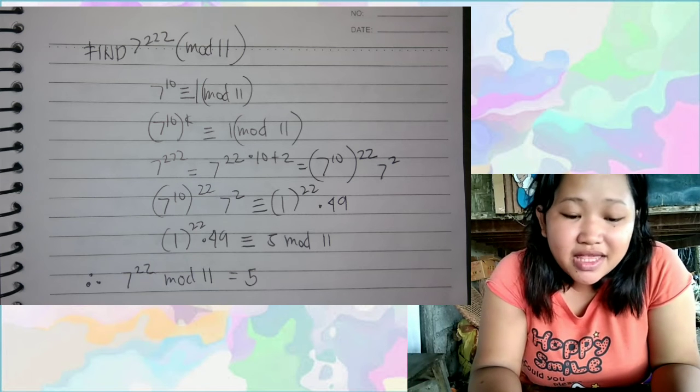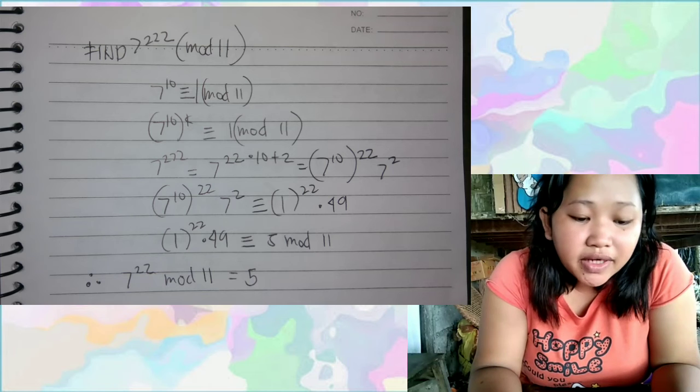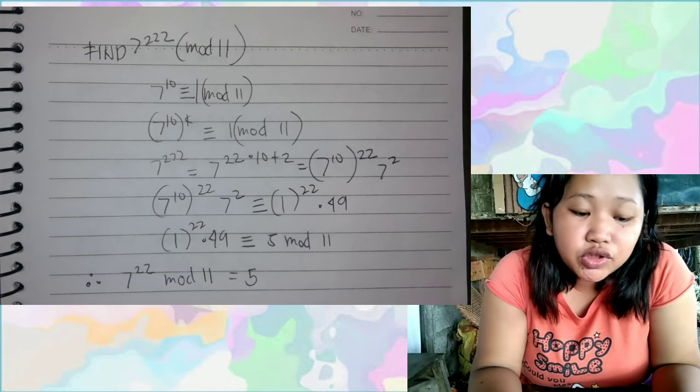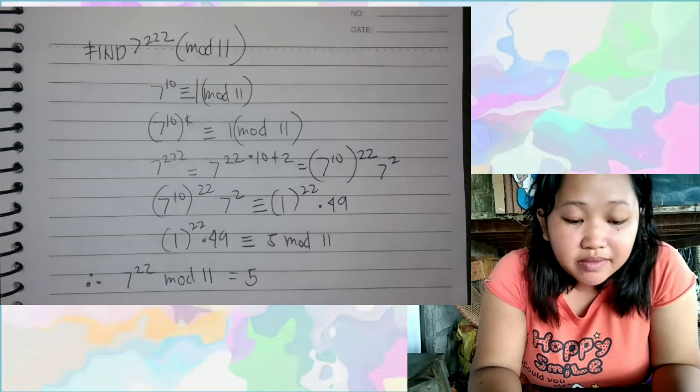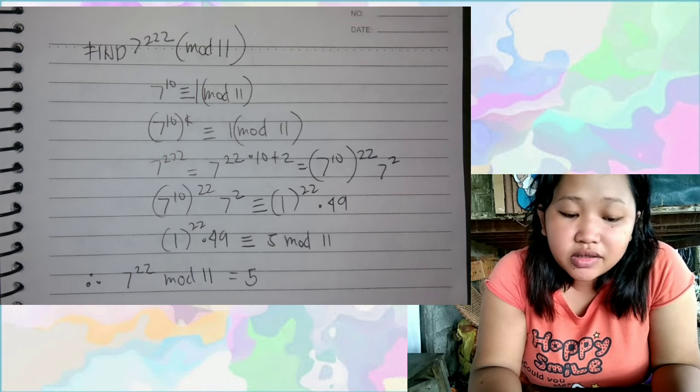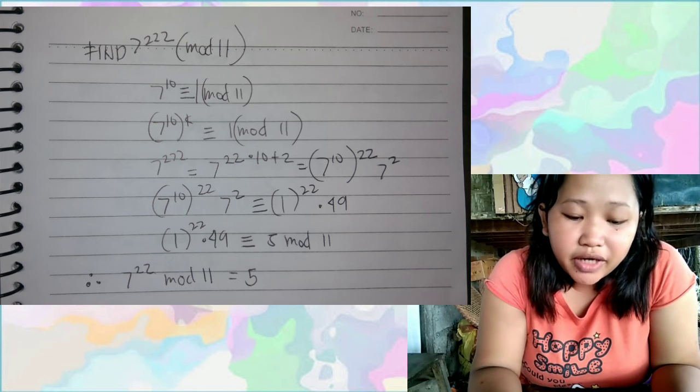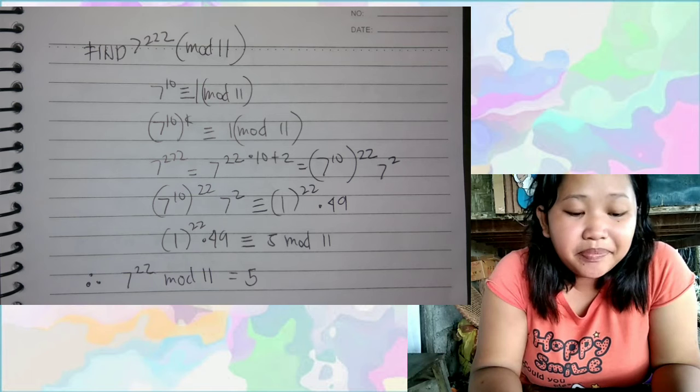By Fermat's little theorem, 7 raised to 10 is congruent to 1 modulo 11. So 7 raised to 10 times k is congruent to 1 modulo 11 for every positive integer k.